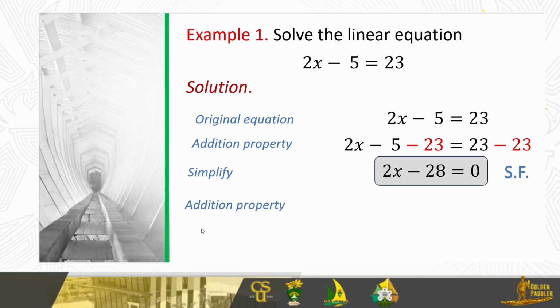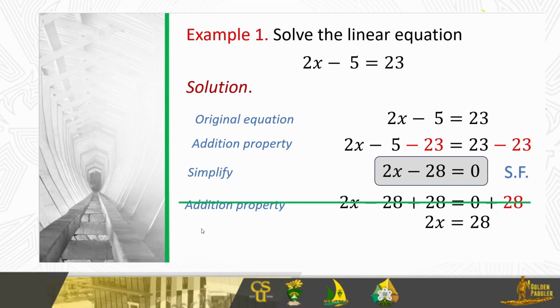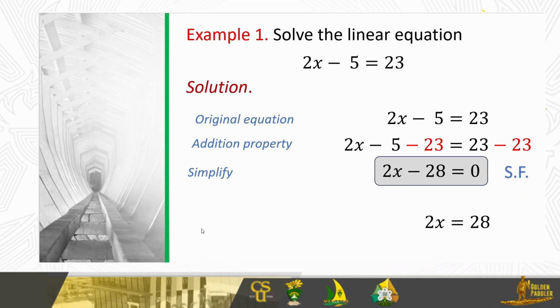By the addition property of equality again, we can add to both sides of the equation positive 28, the inverse of the constant term, negative 28, and we get this. We can omit this line here to shorten the process. Then, we multiply both sides by 1/2 or divide by 2. And we get the value x equal to 14.